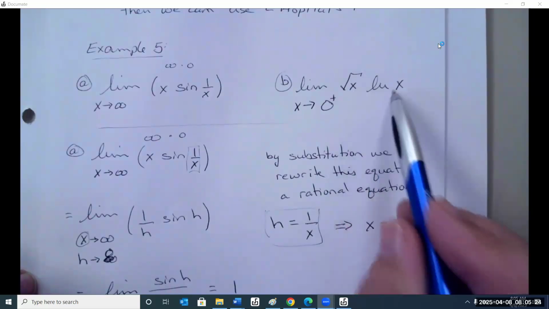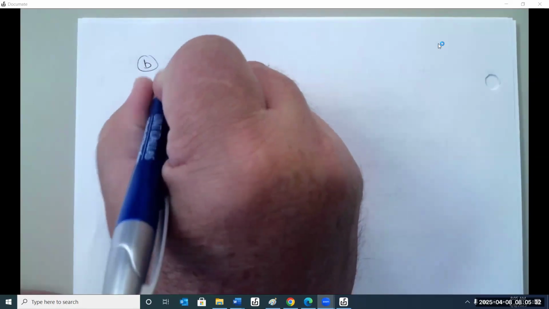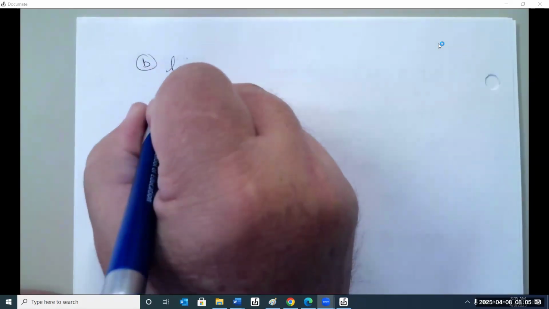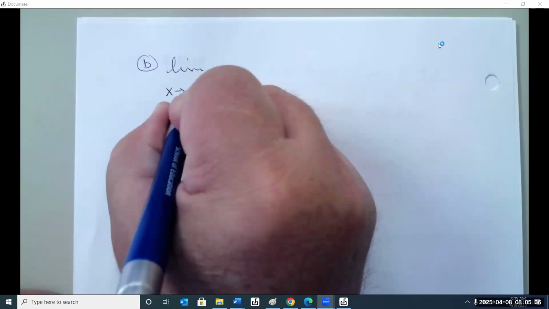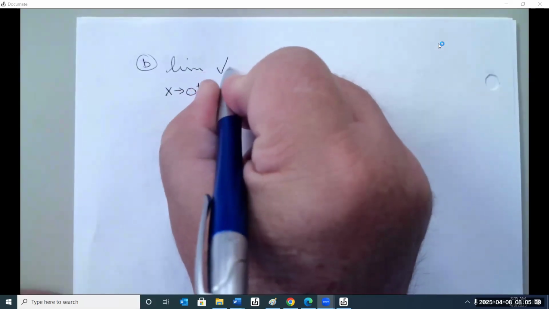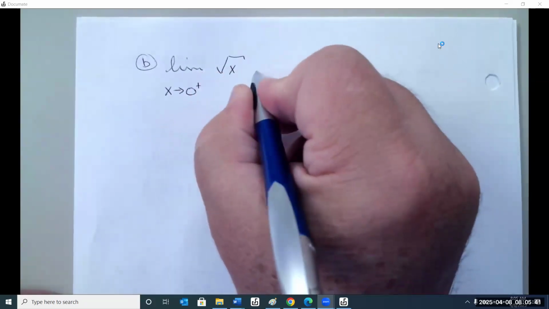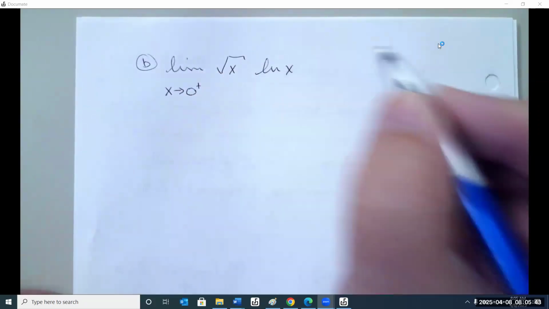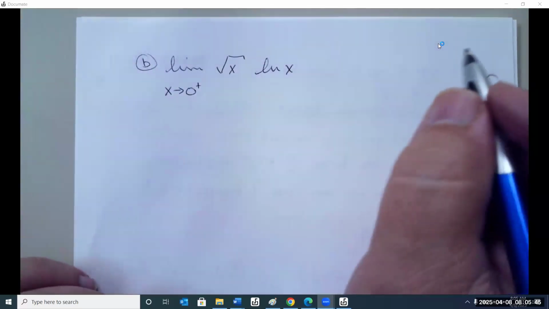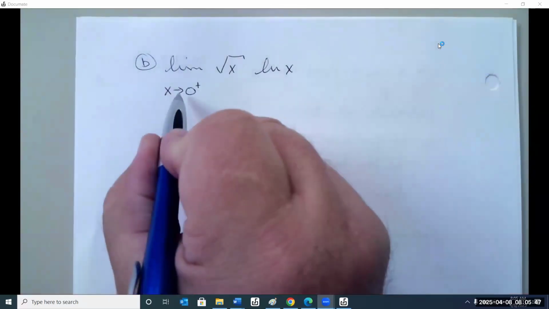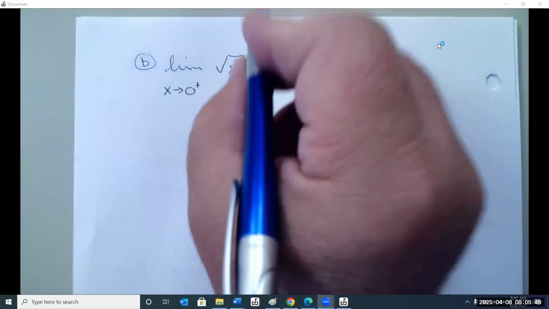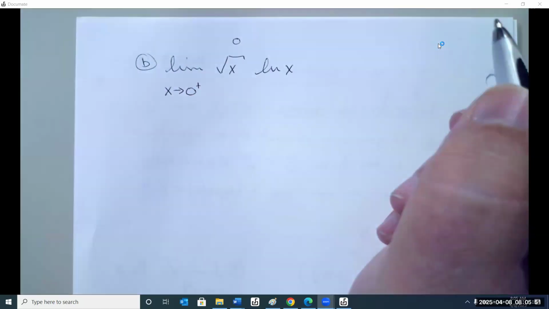of radical x ln x. As x goes to 0 from the right, we have radical x, ln x. We have to see what form this is in. As x goes to 0, square root of 0 is 0.